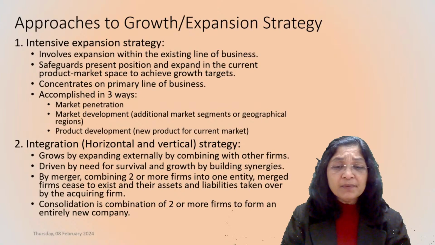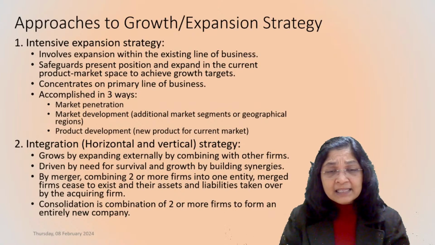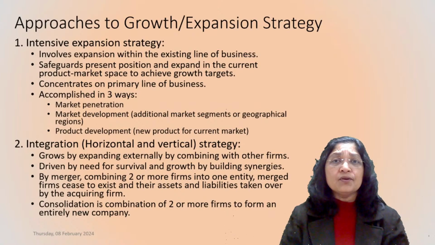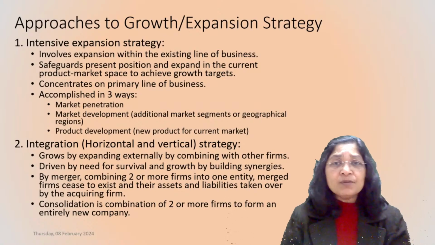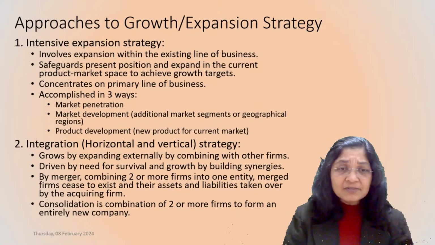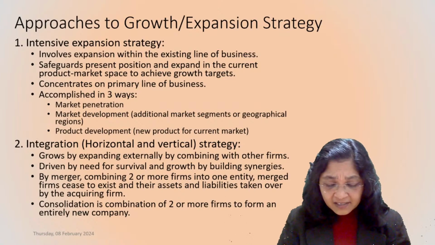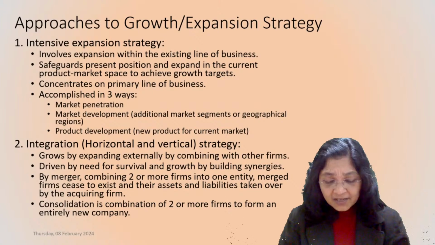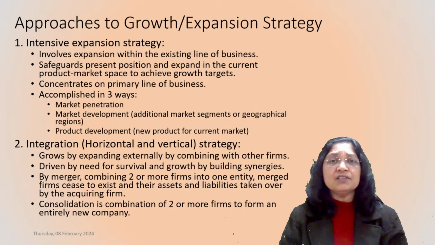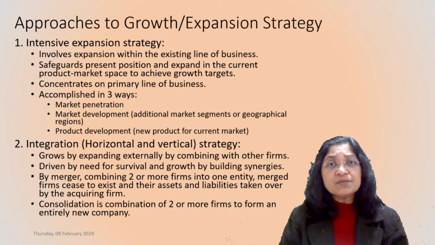A vertical strategy is when, in the supply chain, we either move backwards or move forwards. When we say backward vertical strategy, I'm coming back to the same example: we are into manufacturing of, let's say, bathing soaps.